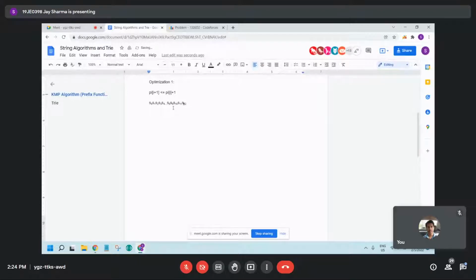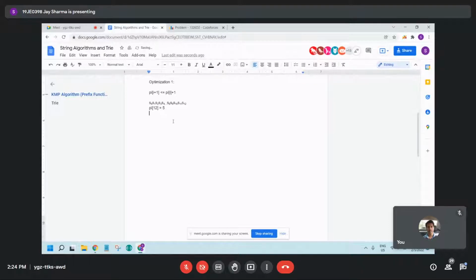By definition, here you have pi of 12 equals 5, because I'm assuming that the first five characters were matching the last five characters for substring 0 to 12.